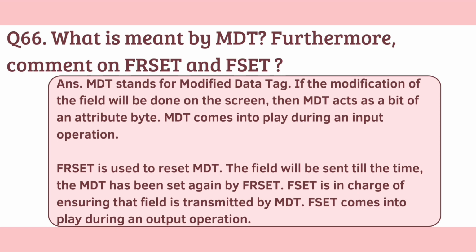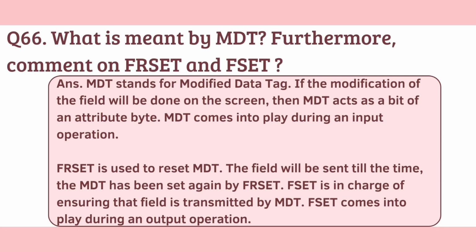Moving to question number 66. What is MDT? Furthermore, comment on FRSET and FSET. The answer is MDT stands for Modified Data Tag. If the modification of the field has to be done on the screen, then MDT acts as a bit of an attribute byte.